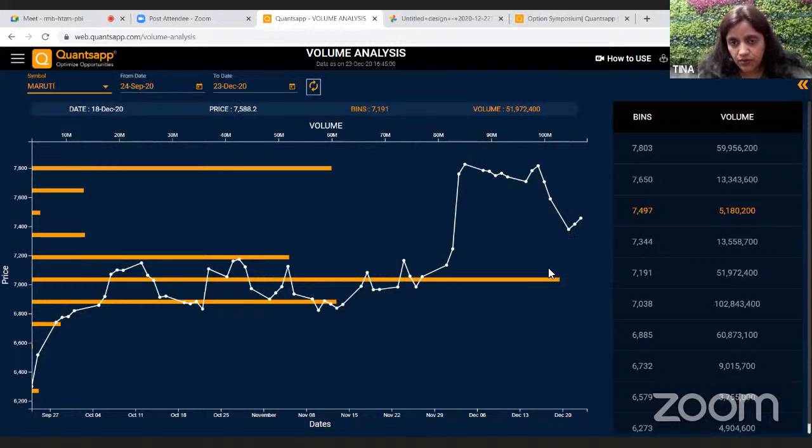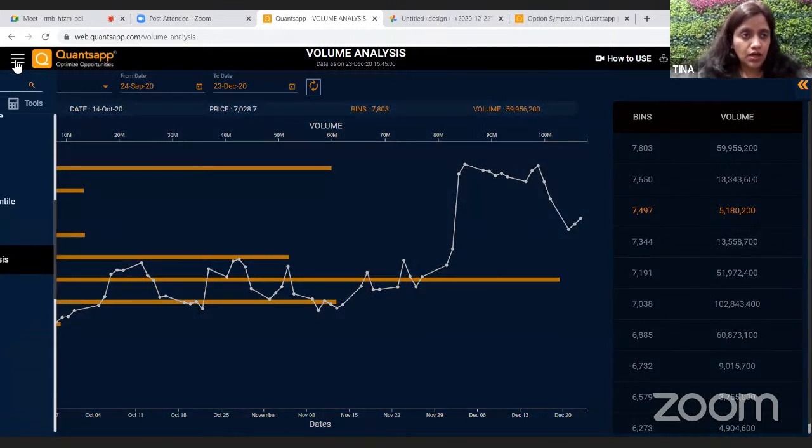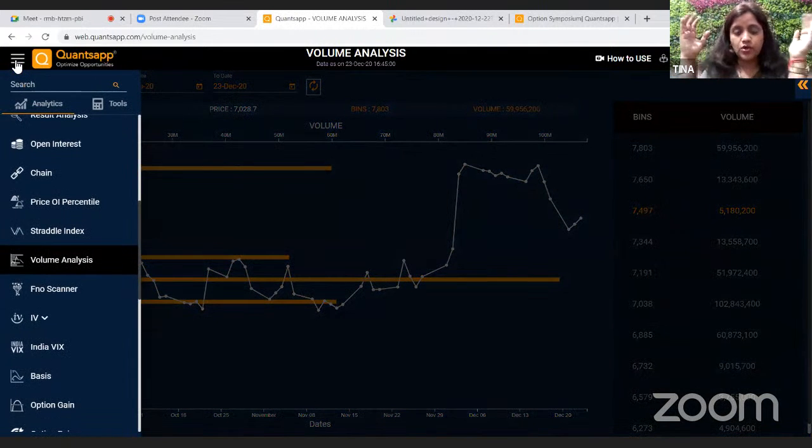So right now this becomes a very crucial support, and the prices are not approaching that. That means the buying interest is coming at the current junction itself. On the upper level, you have 7,800 as a resistance point. So volume analysis will give you the holistic key pivot areas, which if broken on either side can give a good trigger.